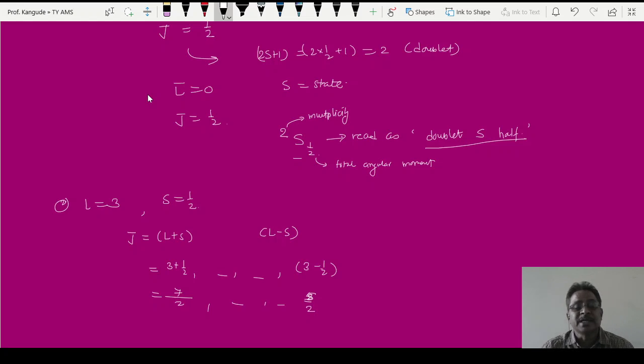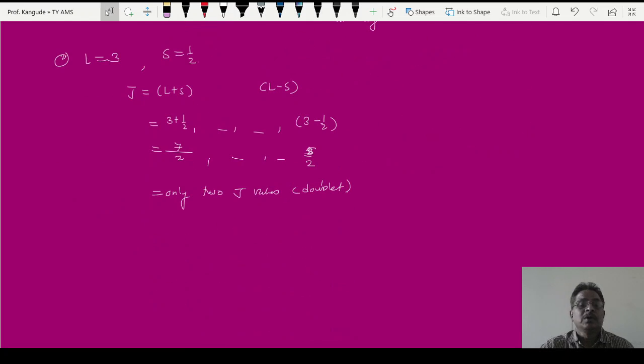Only the addition gives me 7 by 2 and the subtraction gives me 5 by 2. They are separated by 1, and therefore only two J values are possible.